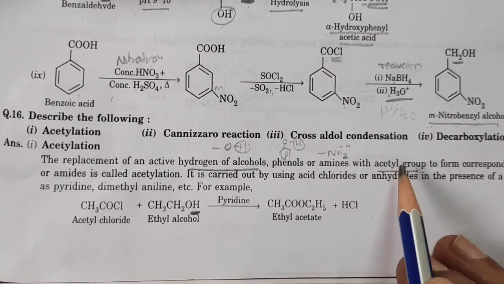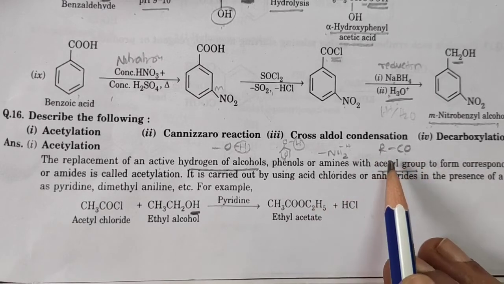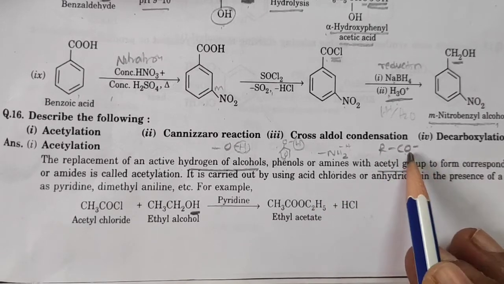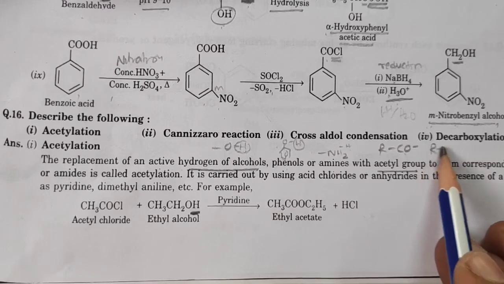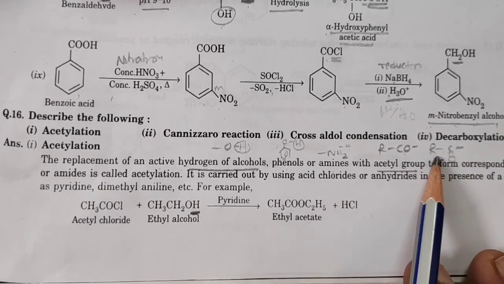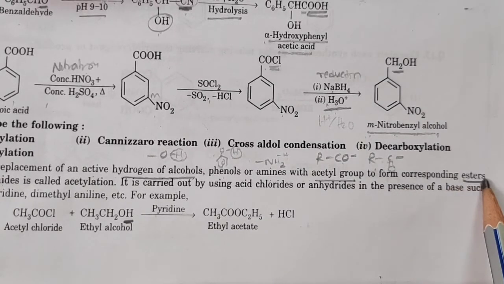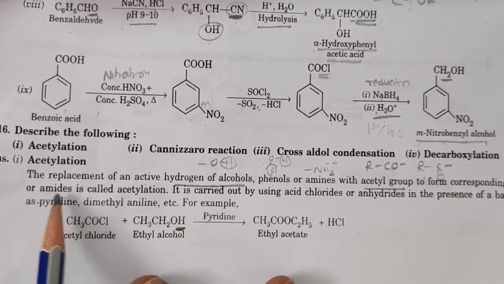Now when we say acetyl group, what is it? RCO group, or you can also write it as RC double bond O like this. We are replacing hydrogen with RCO group to form the corresponding ester or amides.